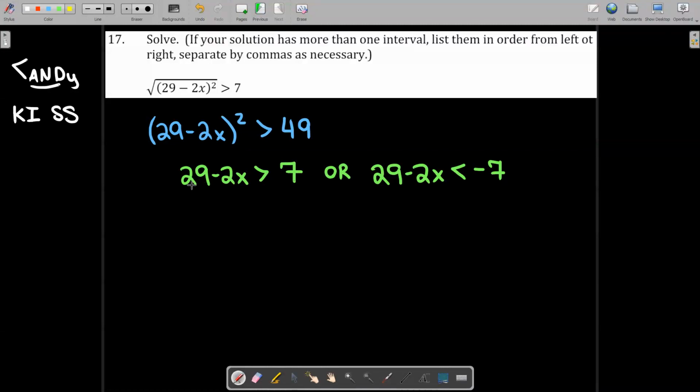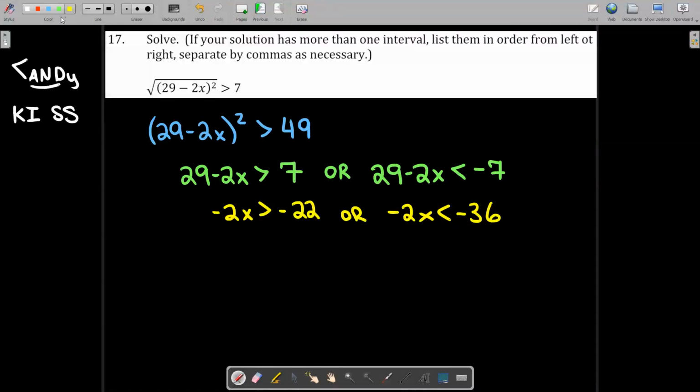So that means that we're going to be subtracting 29 on both sides. Negative 2x is greater than negative 22, or negative 2x is less than, we're going to do negative 7 minus 29, which is negative 36.